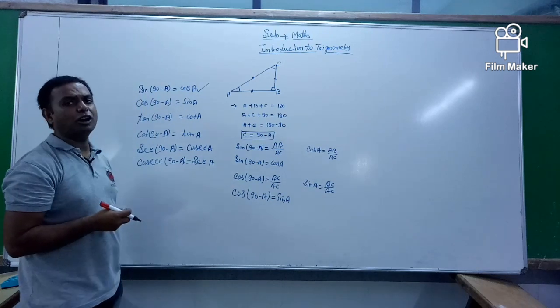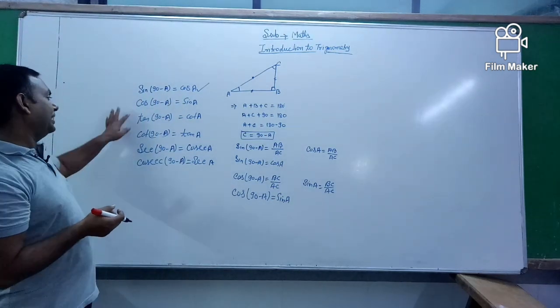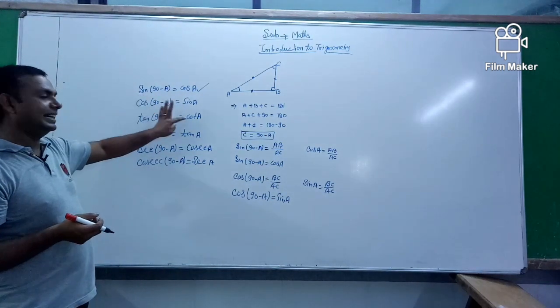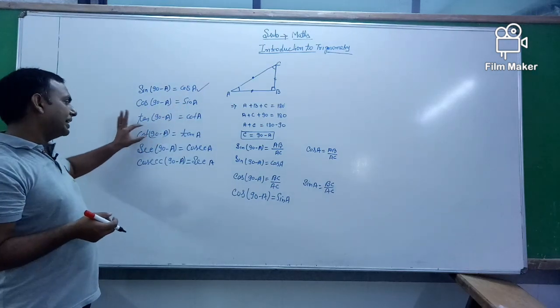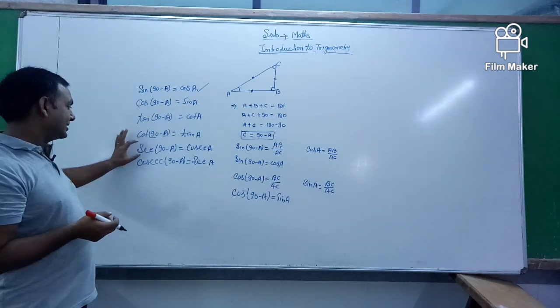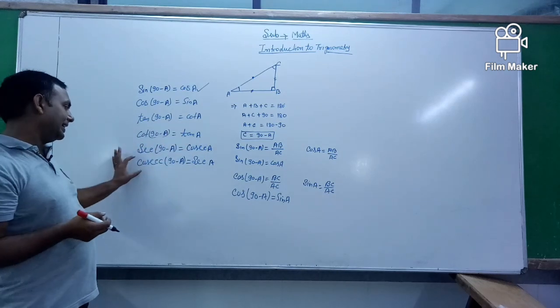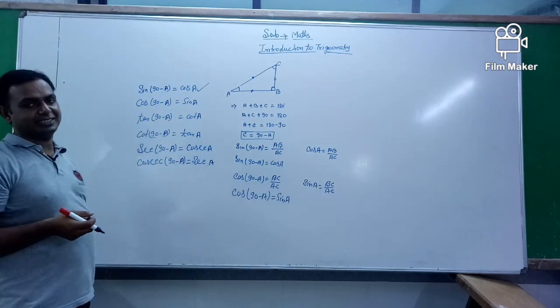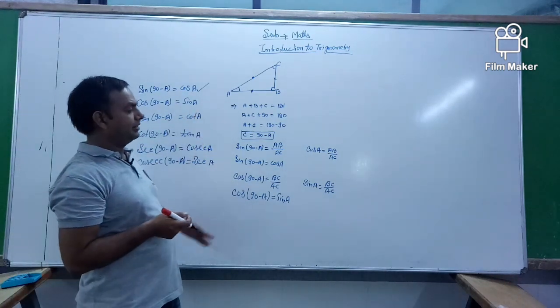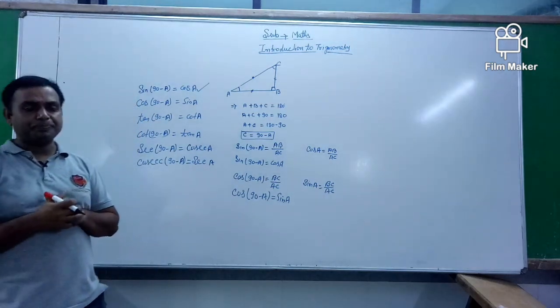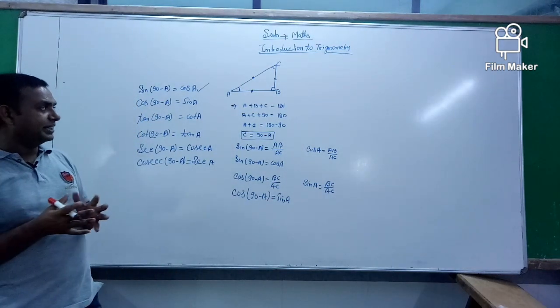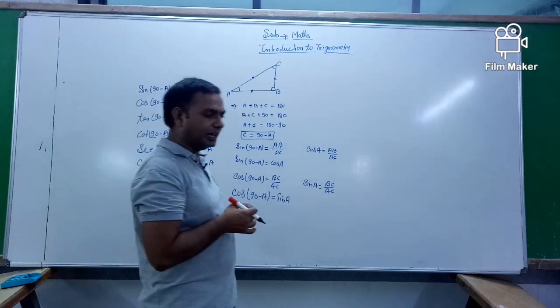I think all of you understand how we can find it. Similarly we can find tan 90 minus A is cot A, cot 90 minus A is tan A, sec 90 minus A is cosec A, and cosec 90 minus A is equal to sec A. Similarly you can find the formulas.